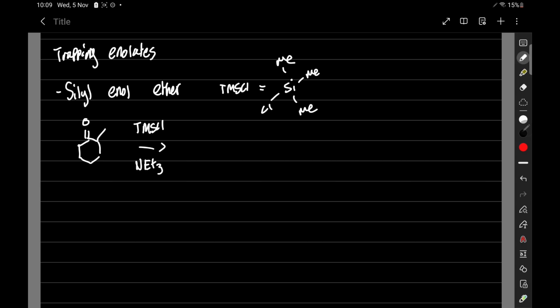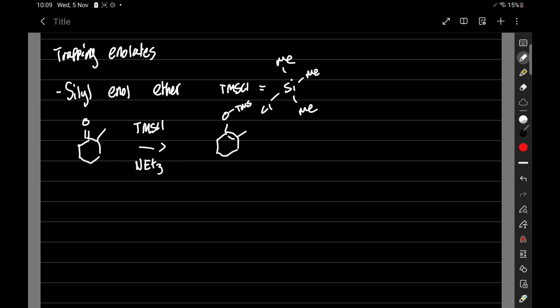And if I treat this with base and my TMSCl, what I'll get is a trimethylsilyl group onto my oxygen. And I've basically trapped the thermodynamic enolate as a silyl enol ether.